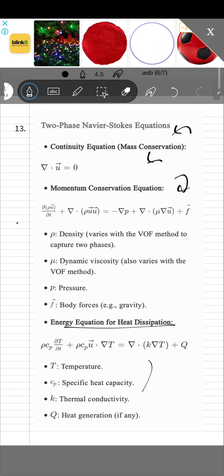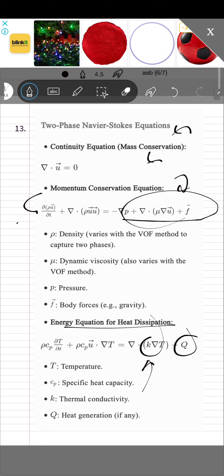This is the equation for the heat dissipation, where if any heat gets generated during the process, we can relate it with the thermal conductivity of the material. Okay, and we have the usual Navier-Stokes equation, which discusses the change in the volumetric rate and associates it with the different forces acting on it.